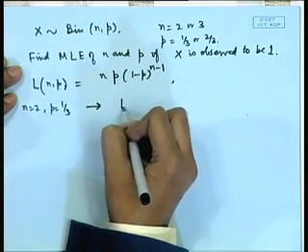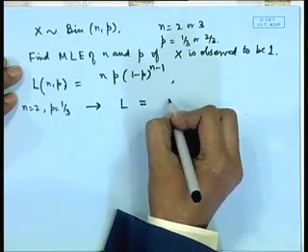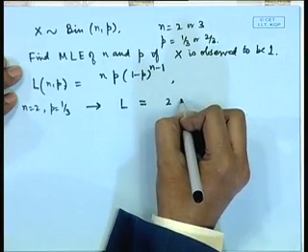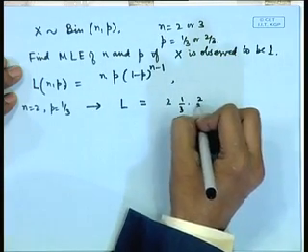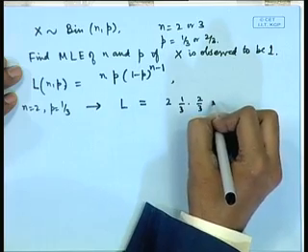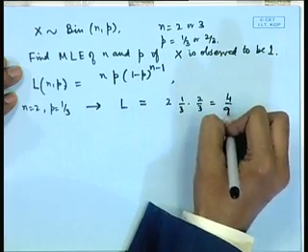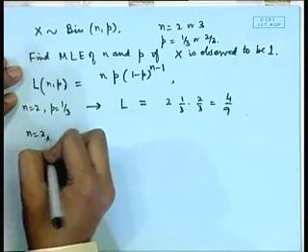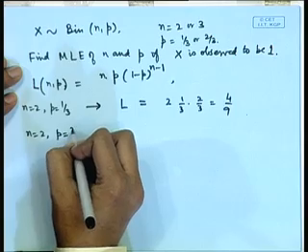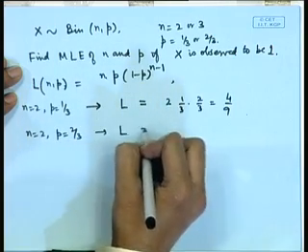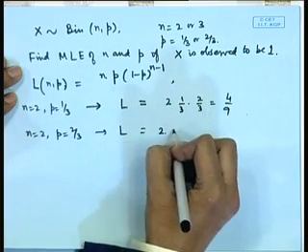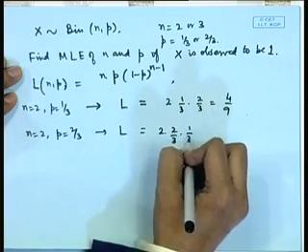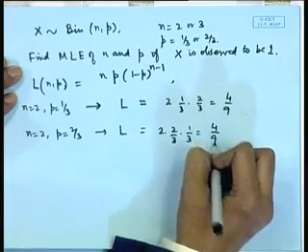Corresponding to this, the likelihood function is equal to twice 1 by 3 into 2 by 3, that is equal to 4 by 9. When n is equal to 2 and p is equal to 2 by 3, the likelihood function value turns out to be twice 2 by 3, 1 by 3, that is again 4 by 9.